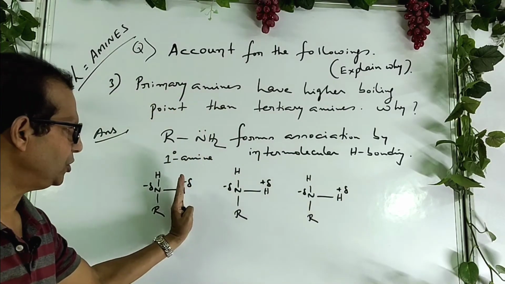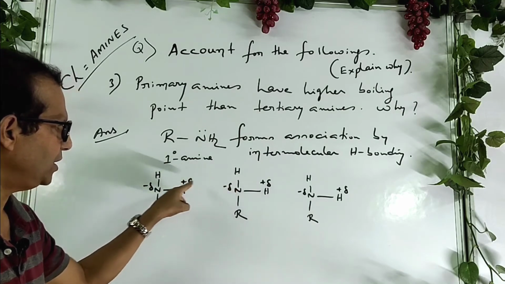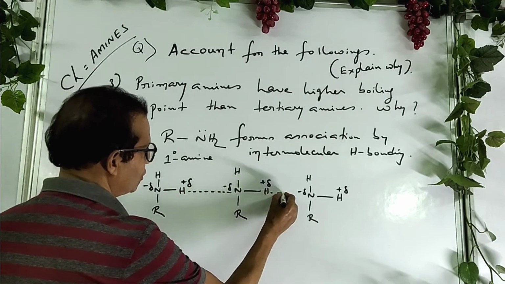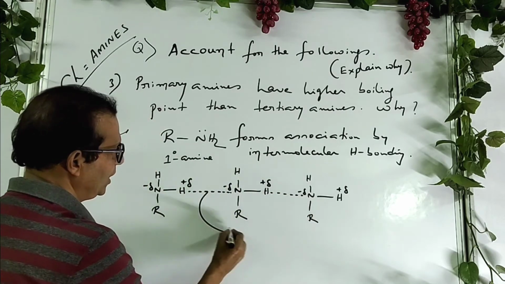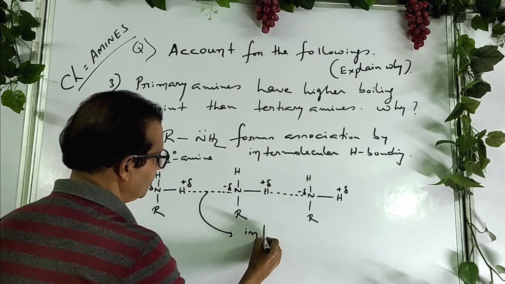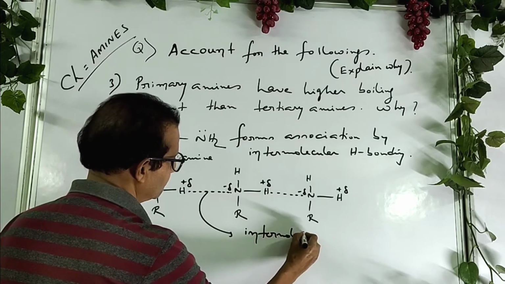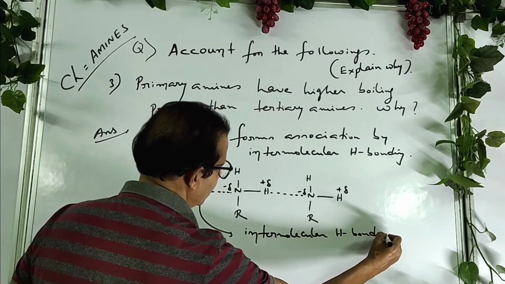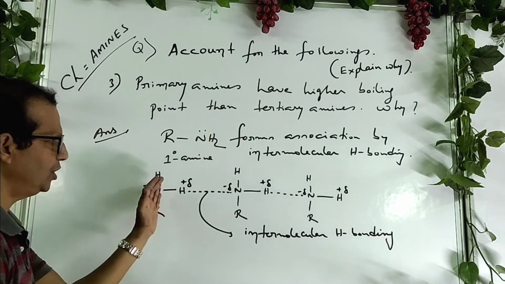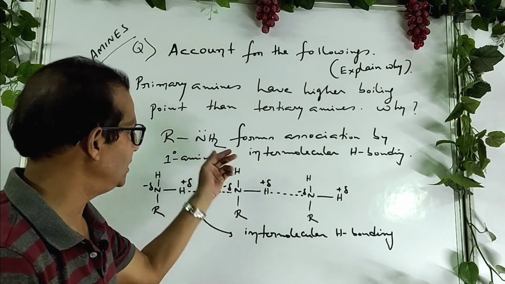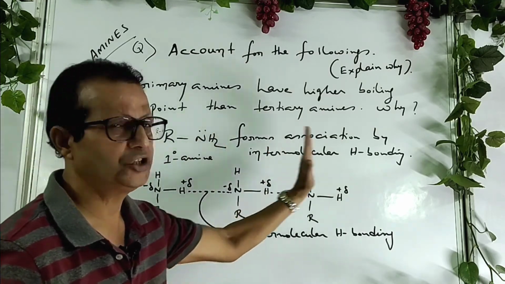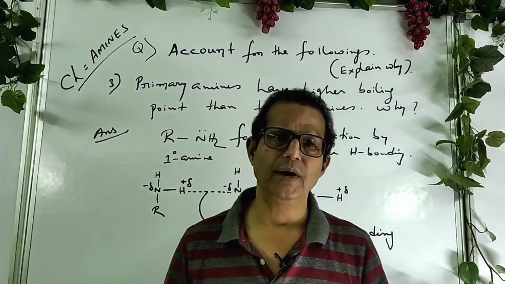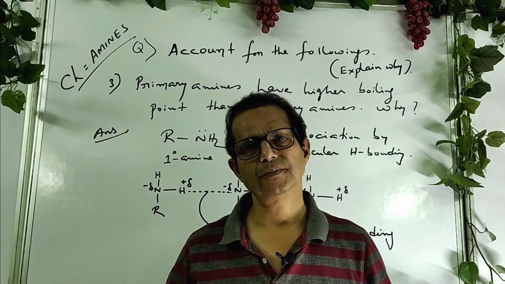You know that oppositely charged ions are attracted by each other. That's why there is an attraction force. This type of bonding is called intermolecular hydrogen bonding. And remember it, due to this intermolecular hydrogen bonding, the primary amine, say methylamine, ethylamine, forms a long chain. So to break the chain, obviously more temperature is required, resulting in higher boiling point. Clear?